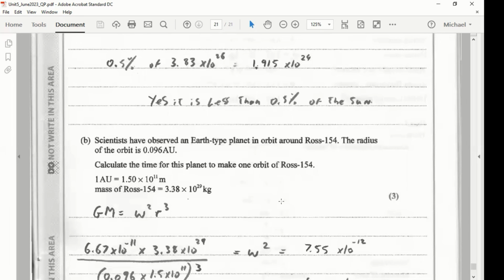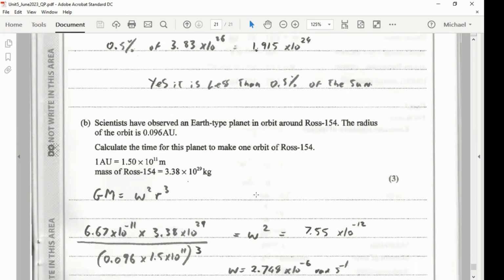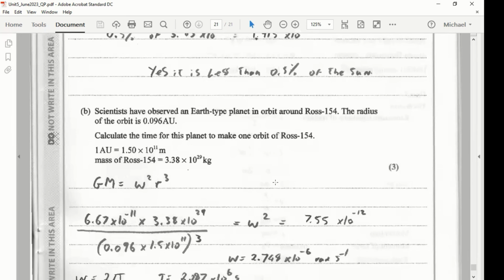That's the mass of the thing in the middle times big G, and that always equals omega squared r cubed. So you will divide big G times big M, which you are given, by the radius cubed. You'll turn the radius into meters and cube it, and that'll give you omega squared.